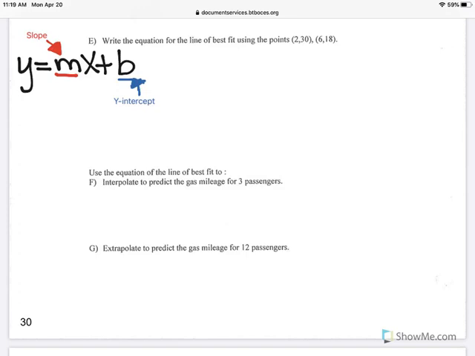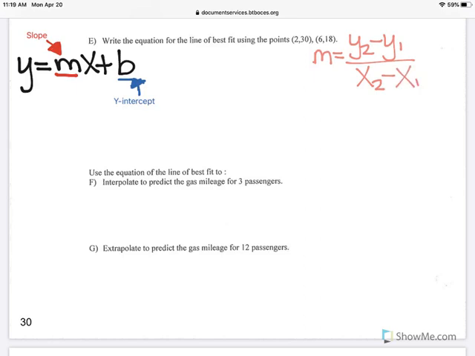Now, before we find the y-intercept, we have to figure out the slope. And the slope formula, which again I'm hoping you remember, is m equals the change in y, so y2 minus y1, divided by the change in x's, x2 minus x1.